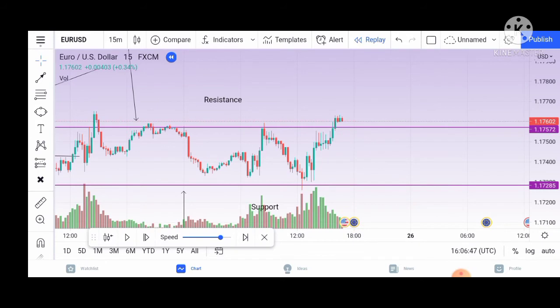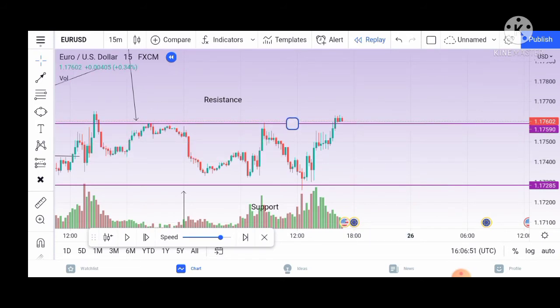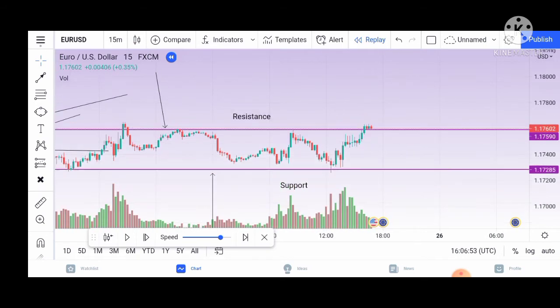From our analysis and what we have been doing, we have already determined that this zone is a zone of resistance. So what happens on resistance zones? Price will push down. What happens on support zones? Price will push up. At this resistance zone, price pushed down. At the support zone, price pushed up.